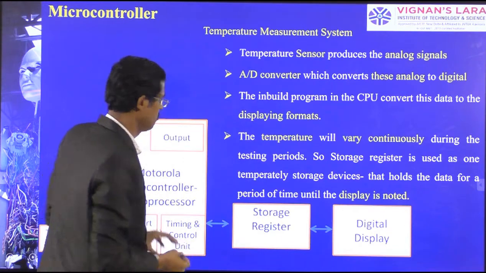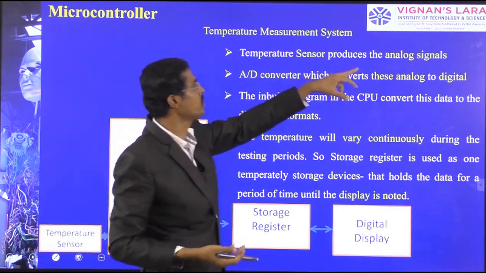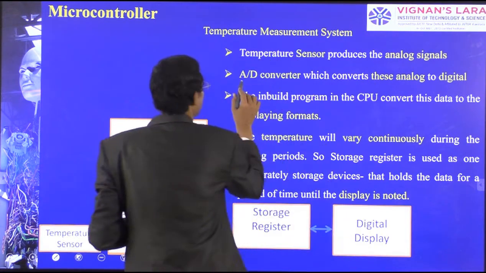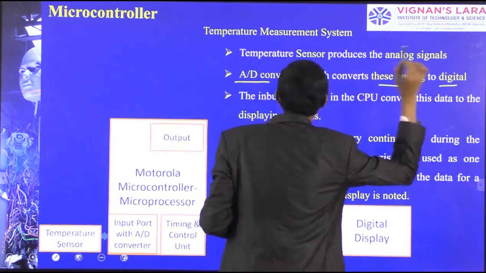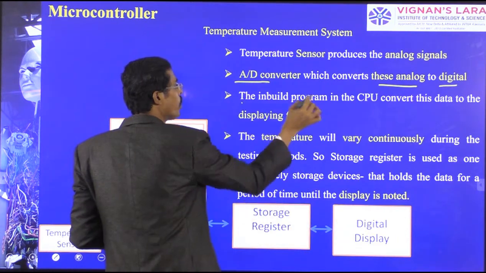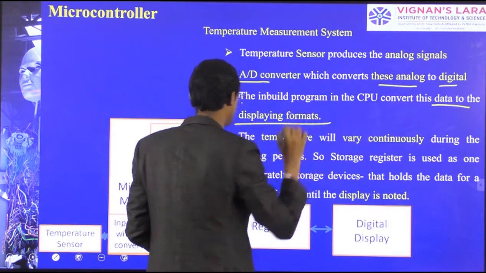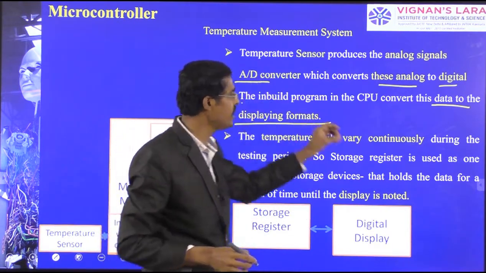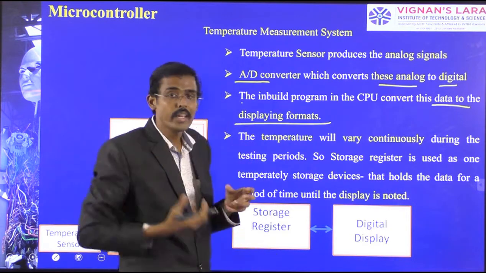These images we have already seen: the temperature sensor produces analog signals, so analog to digital converters are needed inside, which convert this analog to digital. The inbuilt program in the CPU converts this data to the display formats. The temperature is going to vary continuously.